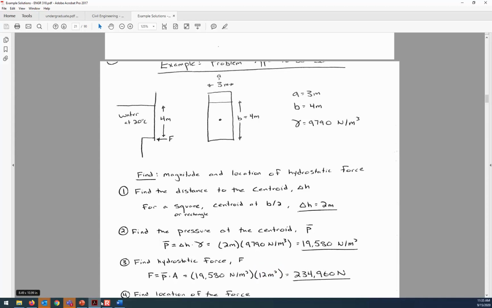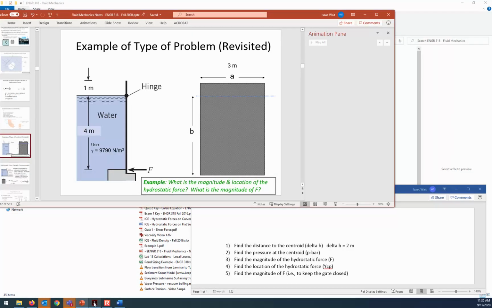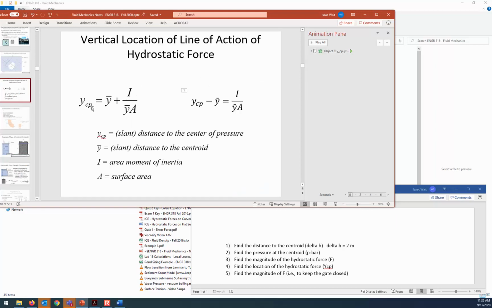All right, the location of the force. Now, to find the location of the force, we could use the shortcut method and just say it's 2/3 of the way down. But let's prove to ourselves that the formula for YCP works. Let's test it out for the first time. And we can confirm it with that 2/3 of the depth thing.